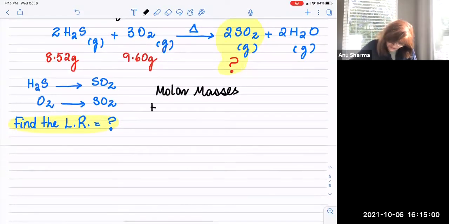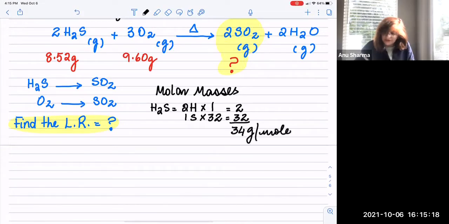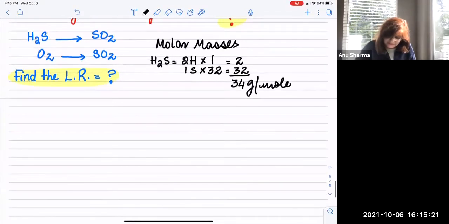So H2S is 2 hydrogens and 1 sulfur, where hydrogen is 1 gram and sulfur is 32 grams. So this gives you 2 and 32, which is overall 34 grams per mole for H2S. Next is SO2.